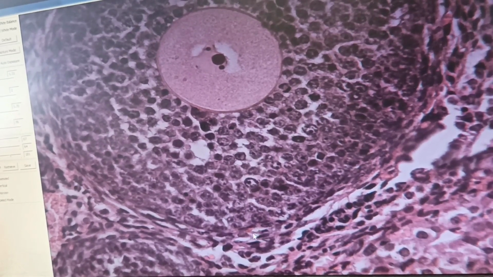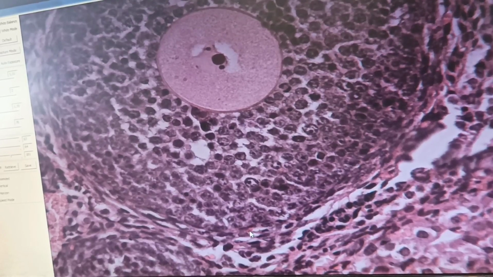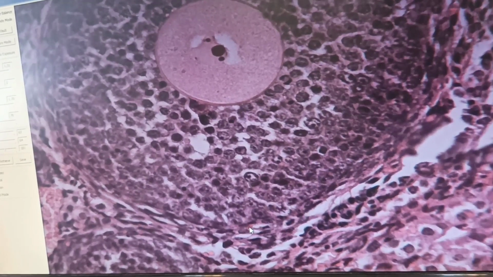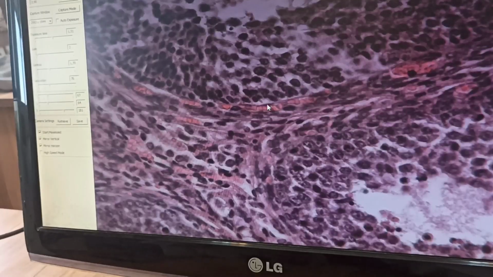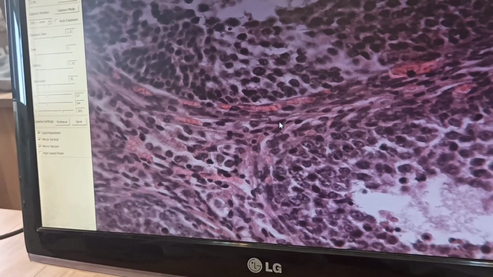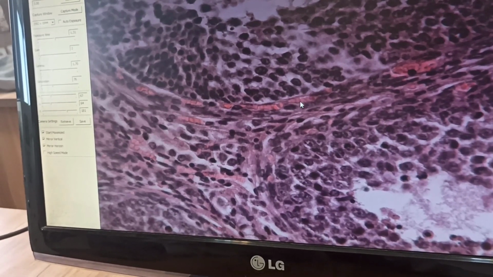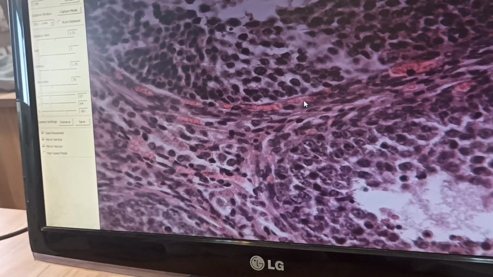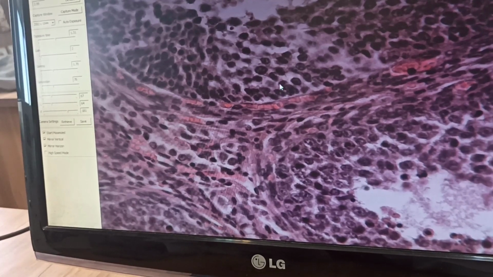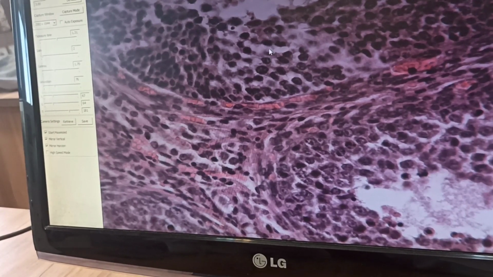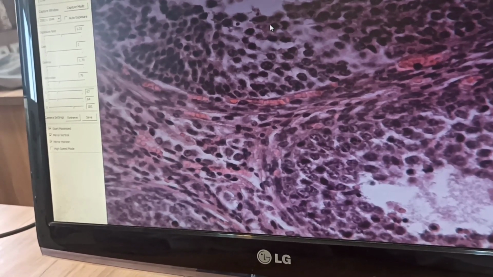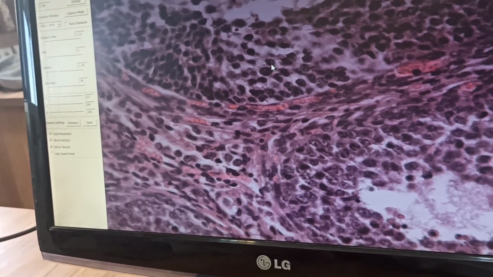The tunica interna has a lot of blood vessels because we have endocrine cells here. Tunica interna, tunica externa, with many blood vessels and endocrine cells, and you can see the granulosa cells in multiple layers.